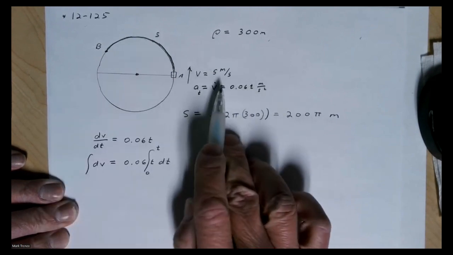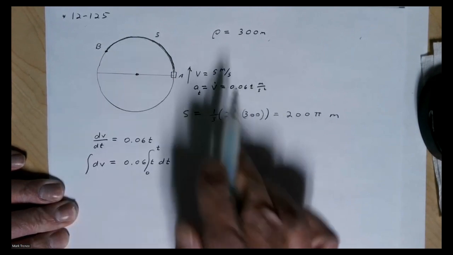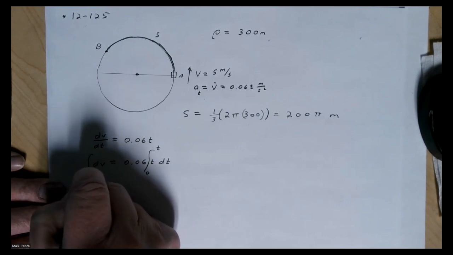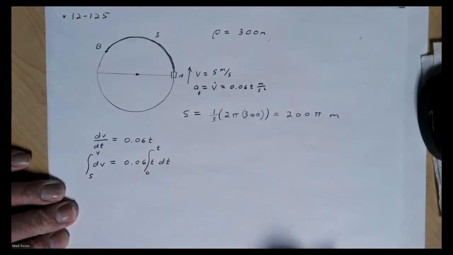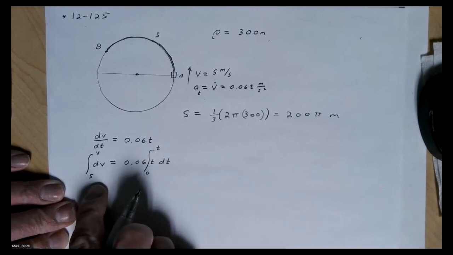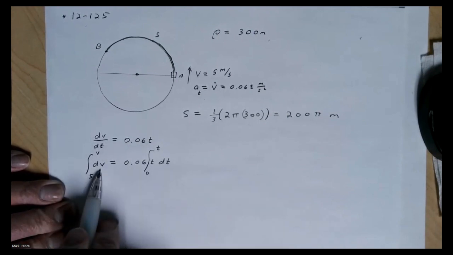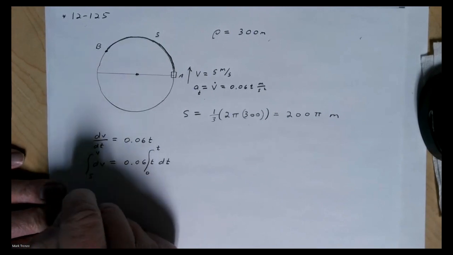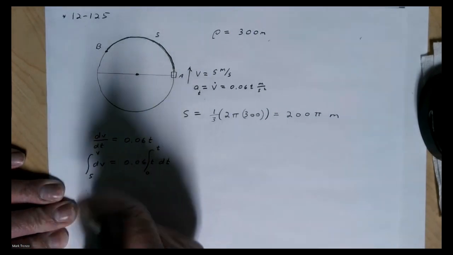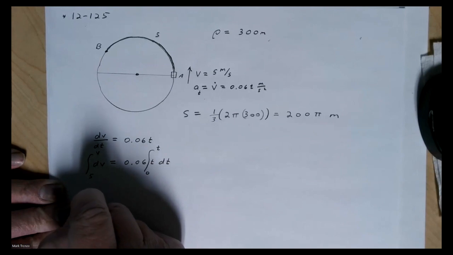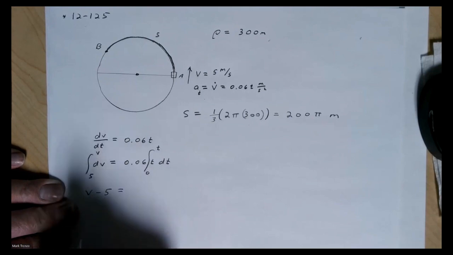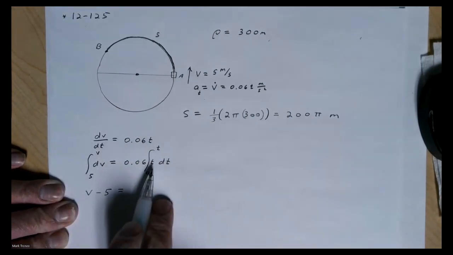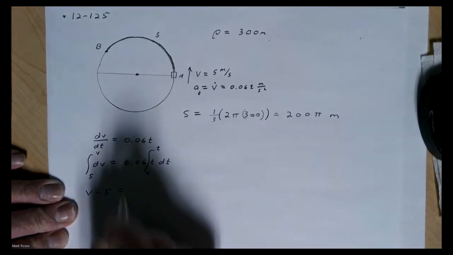The velocity here is starting at 5, so we're going to integrate this from 5 to v. Integrating this left side, we'll get v, then we put v in, and minus 5 for the lower bound. And over here, this will be t squared divided by 2.